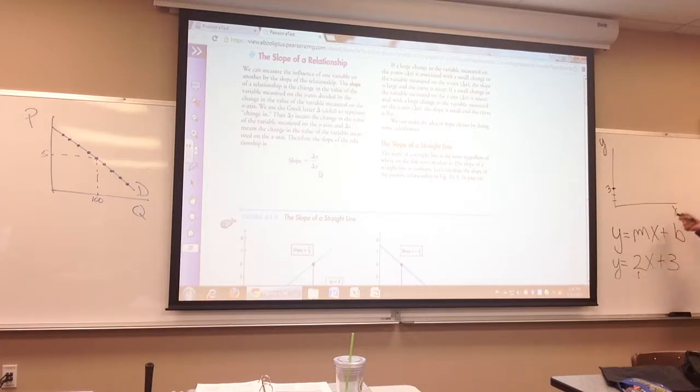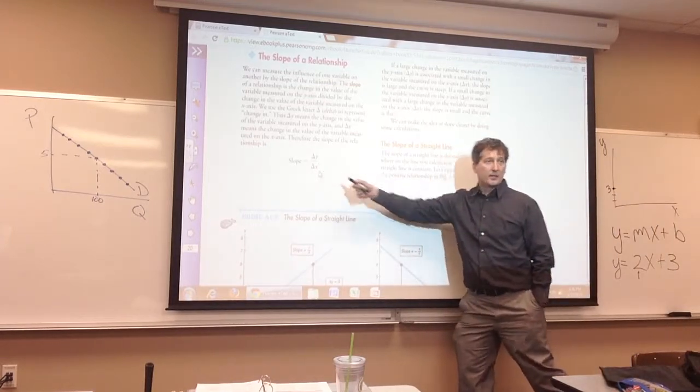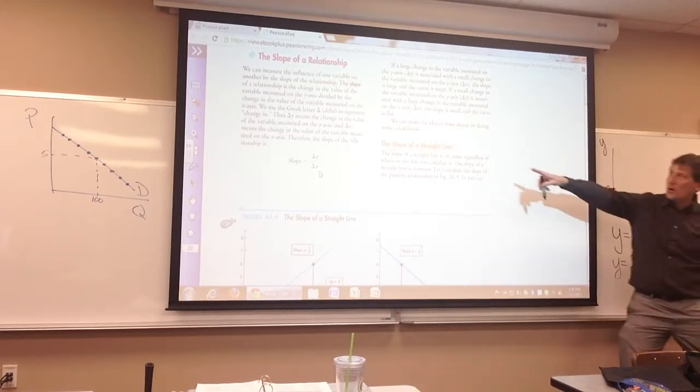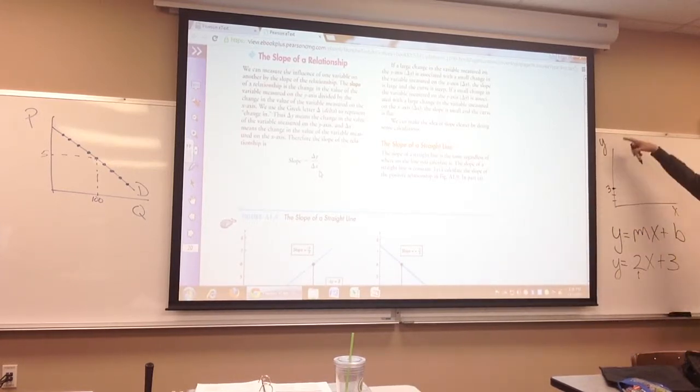And that is the change in y over the change in x, which is what they're tying it to here. I prefer rise over run. The rise is the vertical axis, the change in y is the vertical axis variable, and the change in x is whatever you're measuring on the horizontal axis. So if you remember rise over run, it doesn't matter if this is a Q or this is a P or if this is cars and this is food, like we were doing in class the other day.